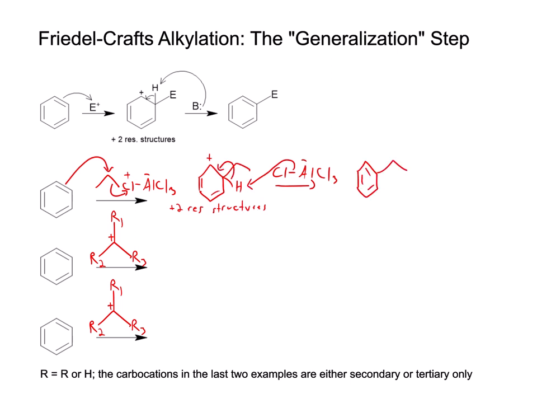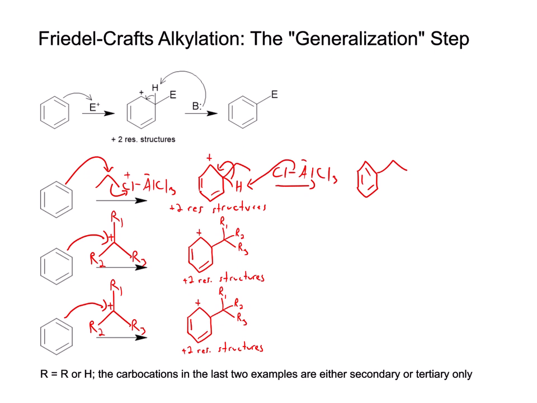For every pathway that wasn't a methyl chloride or an ethyl chloride, we generated either a secondary or tertiary carbocation. So the nucleophilic benzene ring is going to attack the carbocation in both of these cases. And of course, that's going to generate our sigma complex for both of them. In these two cases, however, it was the base that was different.